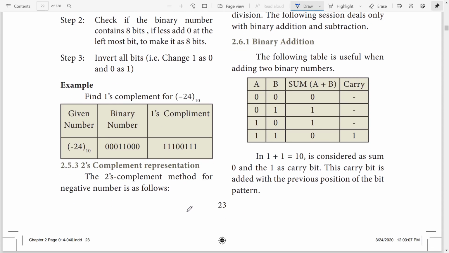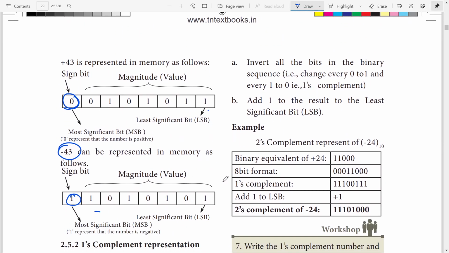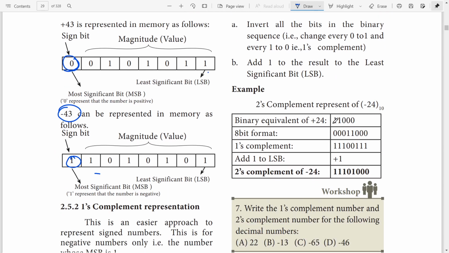Two's complement, the method for a negative number is as follows. Invert all the bits in the binary sequence and add 1 to the result at the least significant bit, that is at the last. The value of plus 24 is 11000.